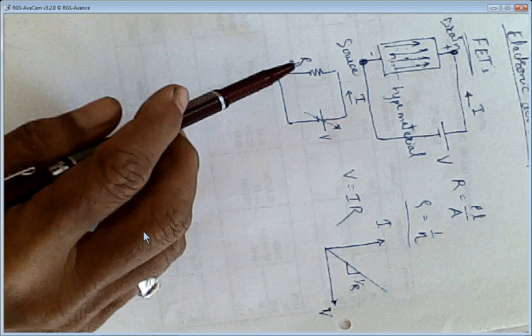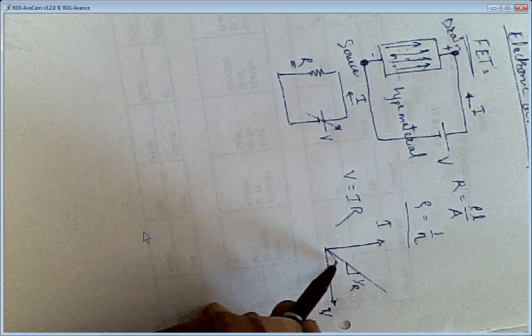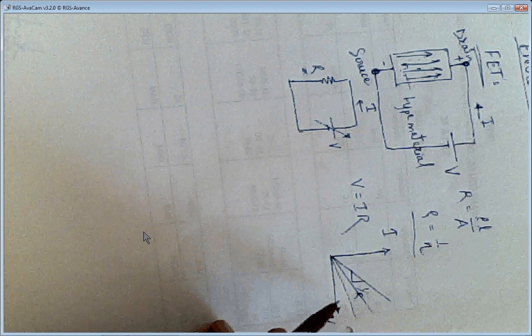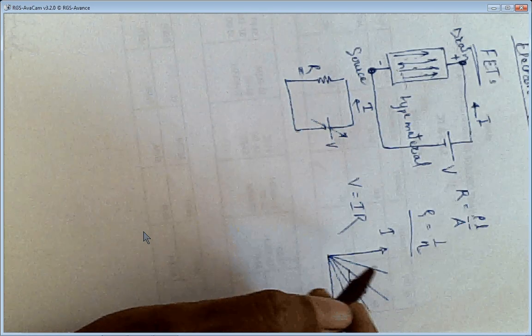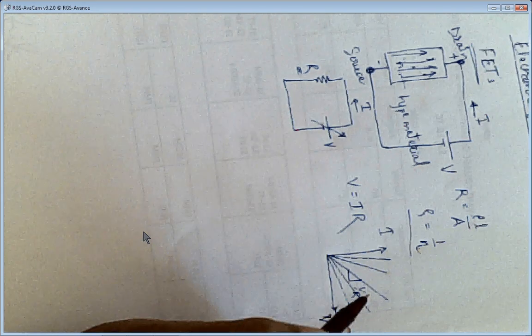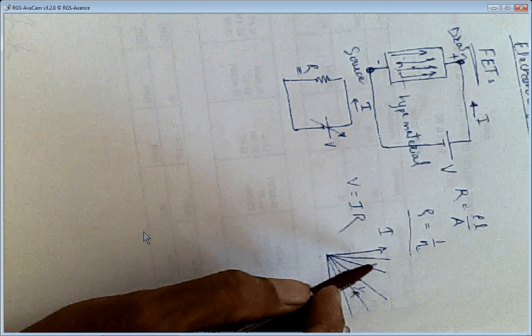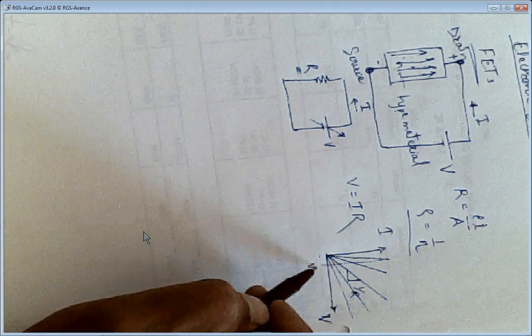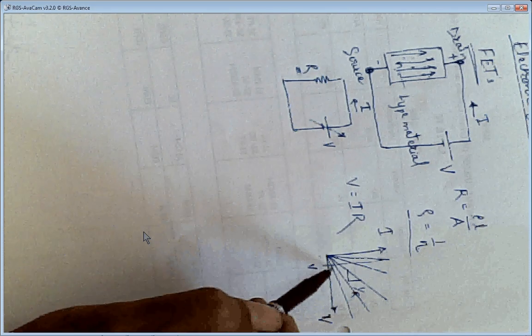If you increase the resistance, what will happen to this graph? This graph will be more horizontal as you go on increasing the resistance. If the resistance is decreased, this graph will be more vertical. So for some specific voltage V, constant for all, when the resistance is very large, very little current flows.